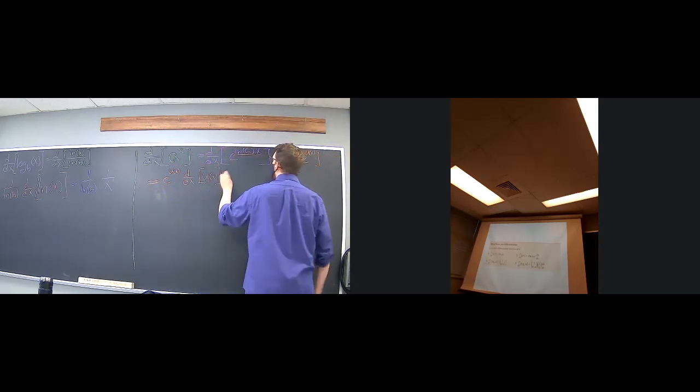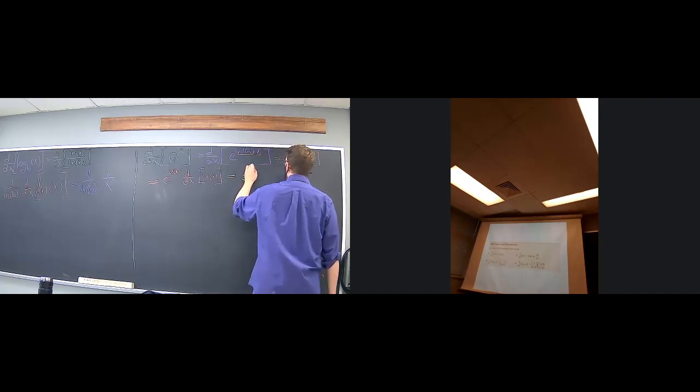So we get e to the ln of a times x, all times the ln of a, which we can rewrite as the ln of a times a to the x. Make sense? Everybody cool with this?